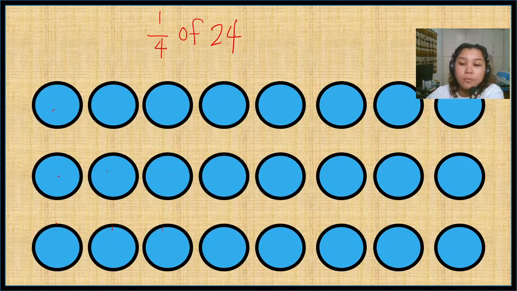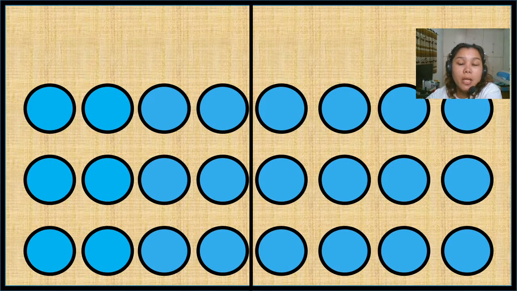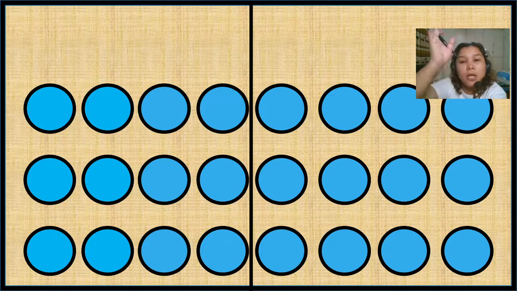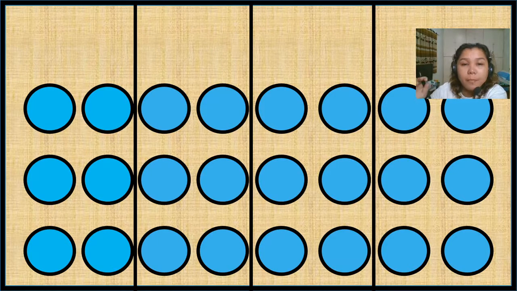So, paano? We can make use of dividing it. So, pwedeng sa gitna. We're not done yet. Kailangan mahati pa into 4. So, divide this into 2. Ang yung 1/2 into 2 groups again. The other half will be into 2 groups again. So, pwedeng ganyan.